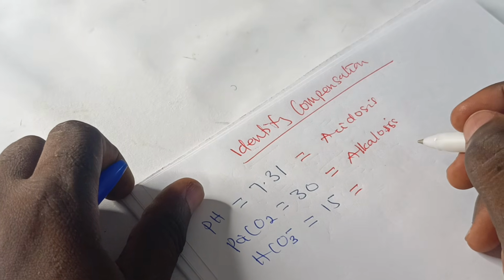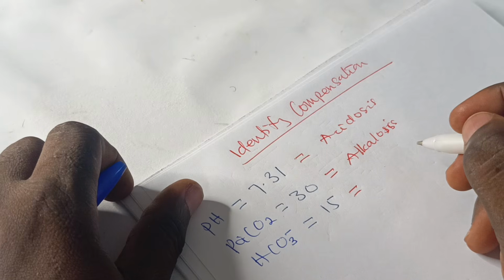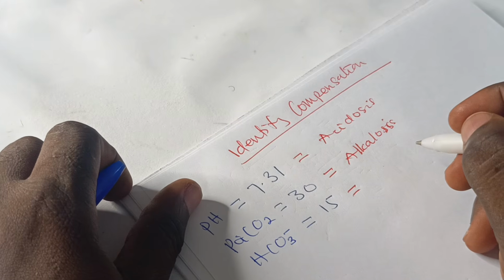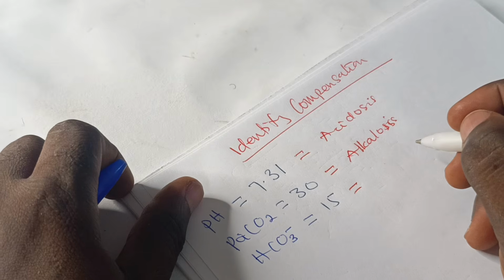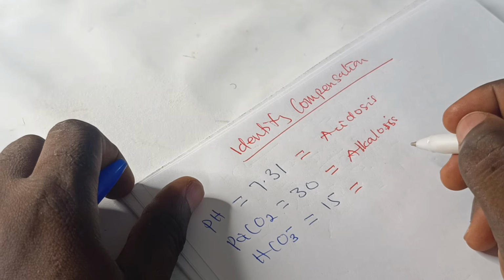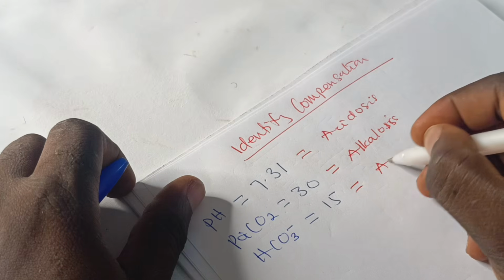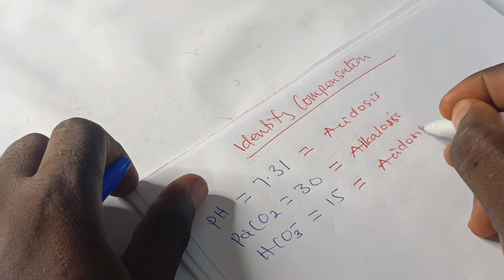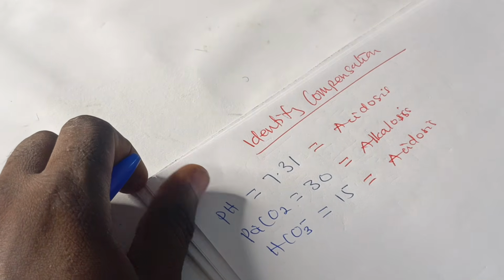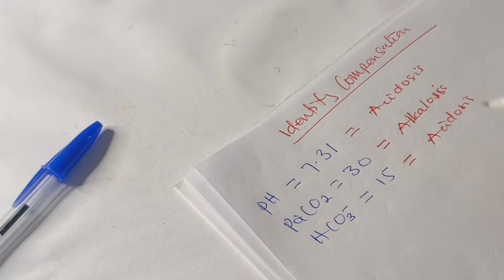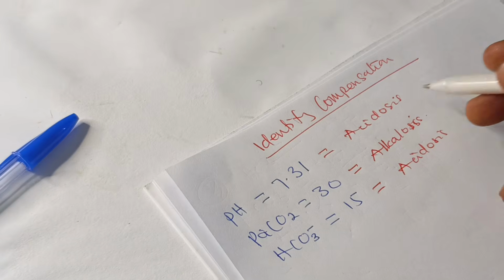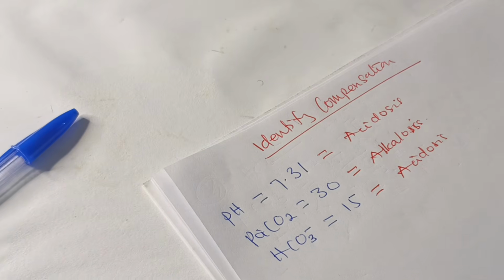The bicarbonate is what? It's low, right? So this one too will cause acidosis. Have you seen it? It's causing acidosis. But this one is saying alkalosis. So why is the pH saying acidosis?